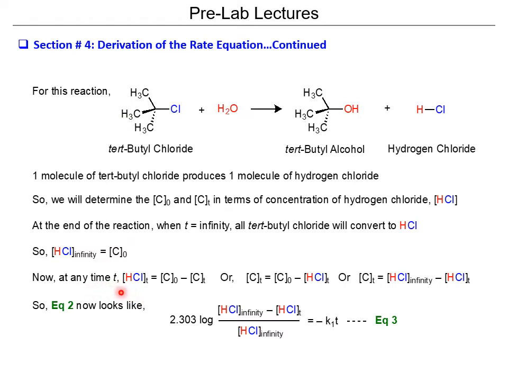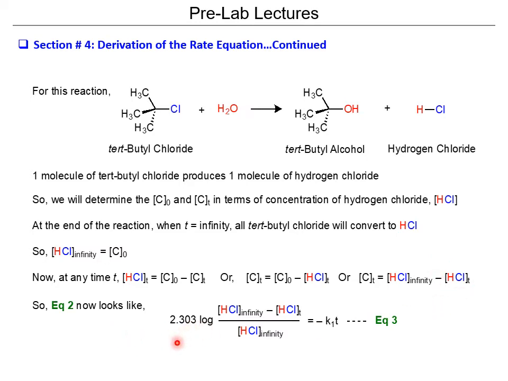So the concentration of HCl at time t equals the initial concentration minus the concentration with time, or the concentration with time equals the initial concentration minus the concentration of HCl with time, or the concentration with time is equal to the final completion concentration of HCl minus the concentration of HCl at a certain time.